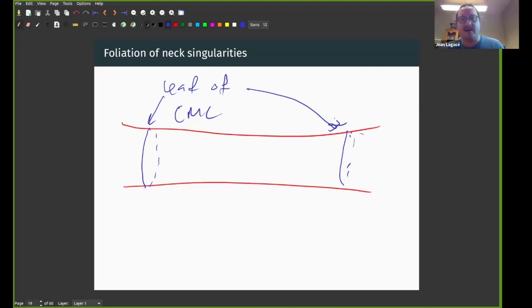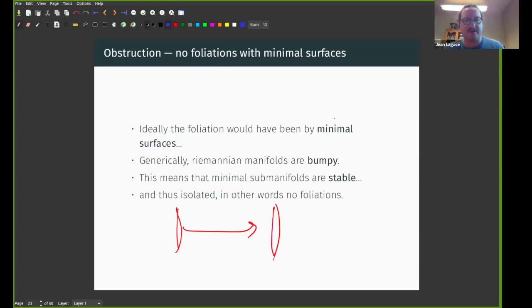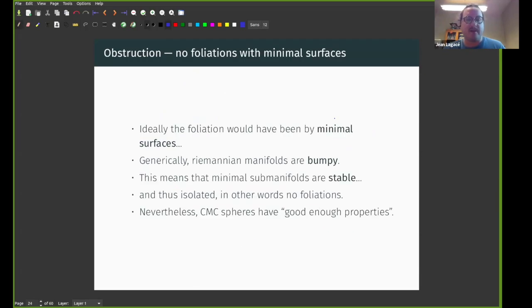And this is why we care about this. And the point is that even though constant mean curvature is not as good as minimal surfaces, in many ways it's still good enough.